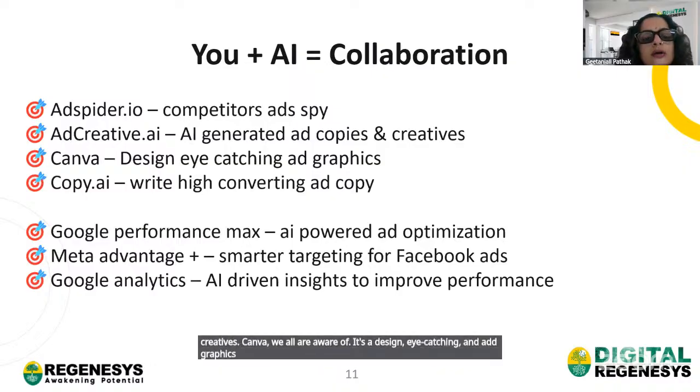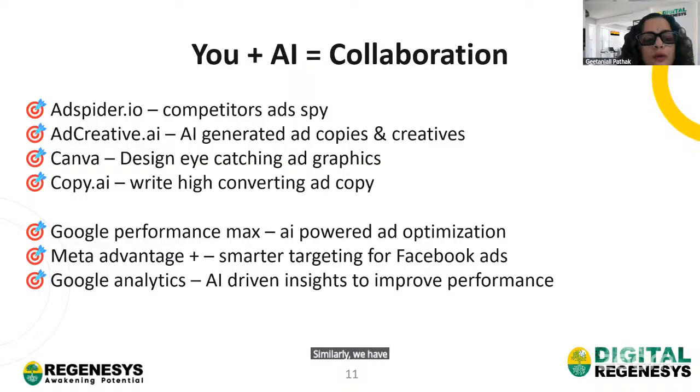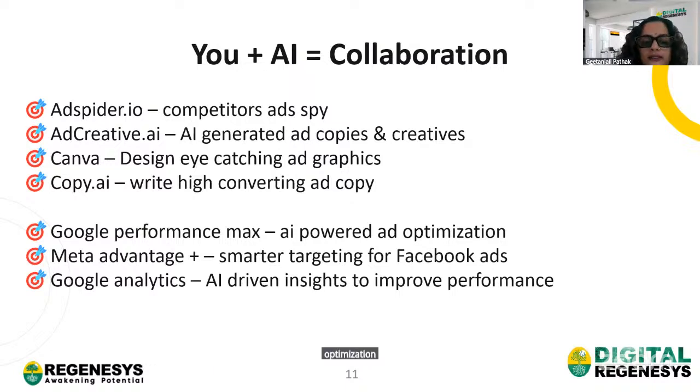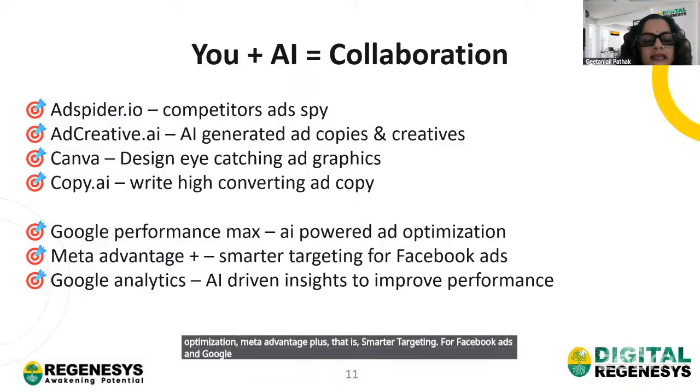Similarly, we have Copy.ai, where we write high-converting ad copies. Google Performance Max is AI-powered ad optimization. Meta Advantage Plus is smarter targeting for Facebook ads, and Google Analytics provides AI-driven insights to improve performance.